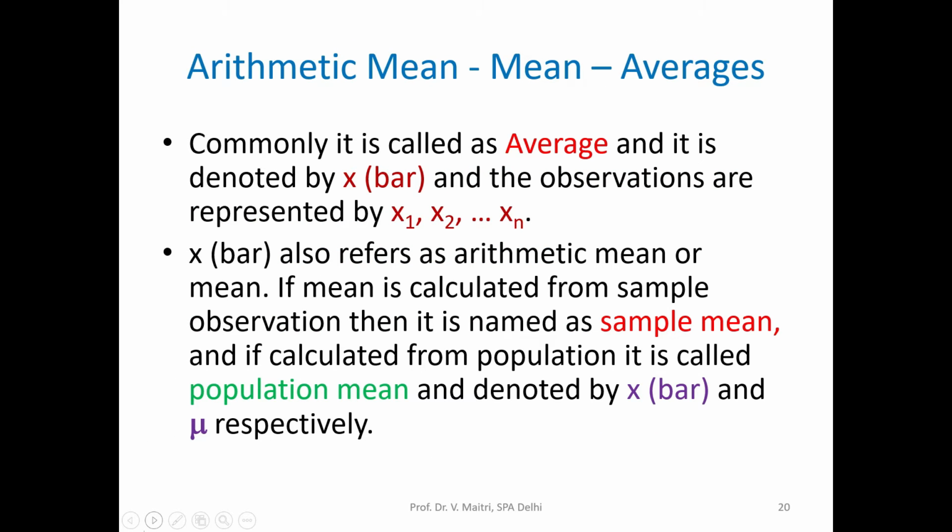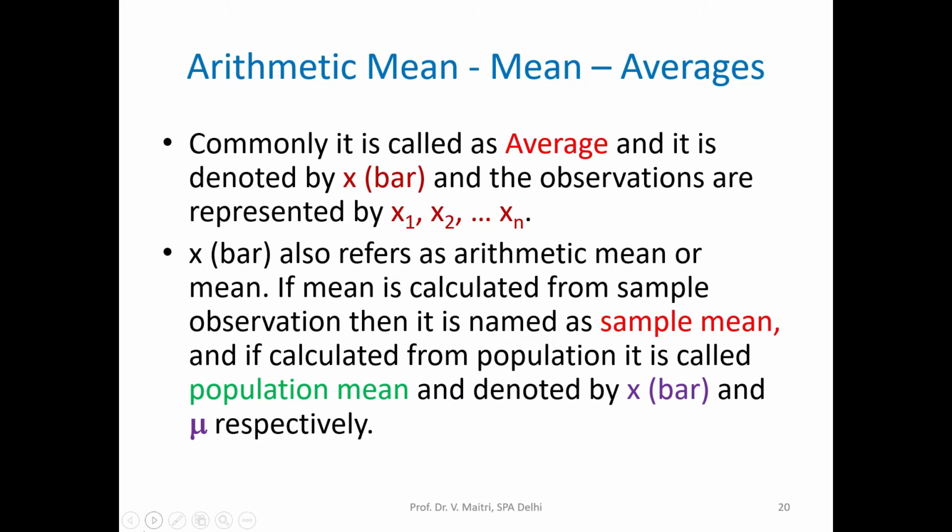First one is arithmetic mean or average. Normally we call it average, denoted by x bar, and the observations are represented by x1, x2, xn. You say average, you say arithmetic mean, you say mean. It is one and the same thing.